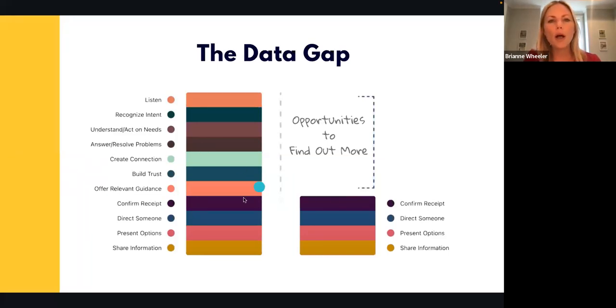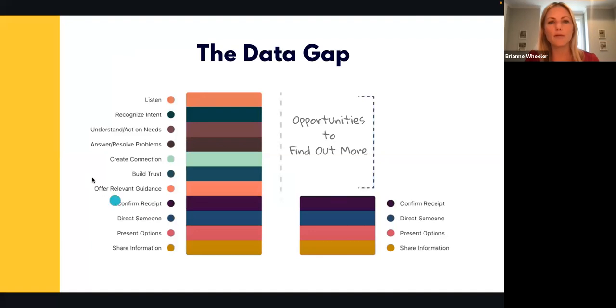But there's this whole other area of data, which to me comes down to curiosity and building trust. These are just opportunities to find out more. And this all can lie in your data. You are doing more listening than you are talking. You are seeing if somebody has the intent to do something, in which case you know who your priority people are to call when it comes to that event or program.